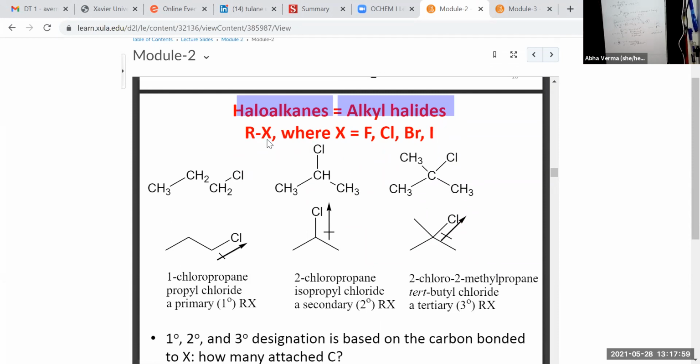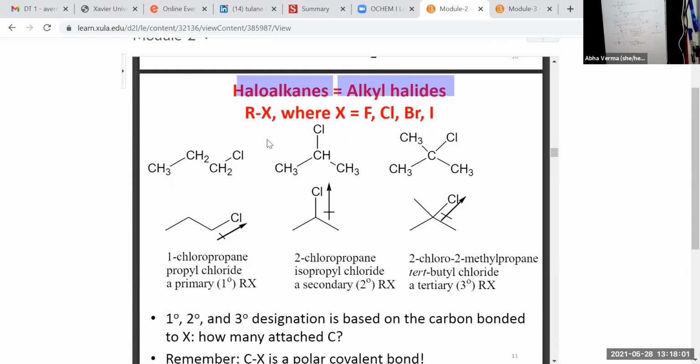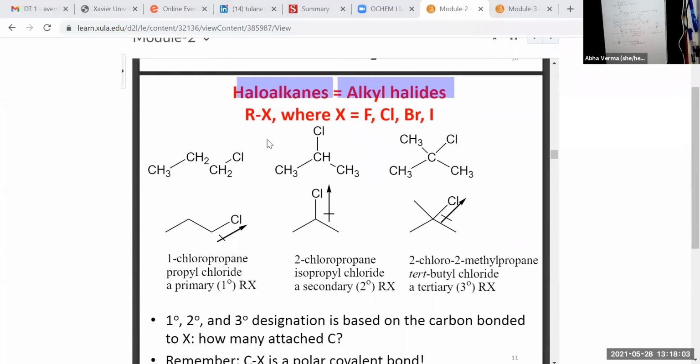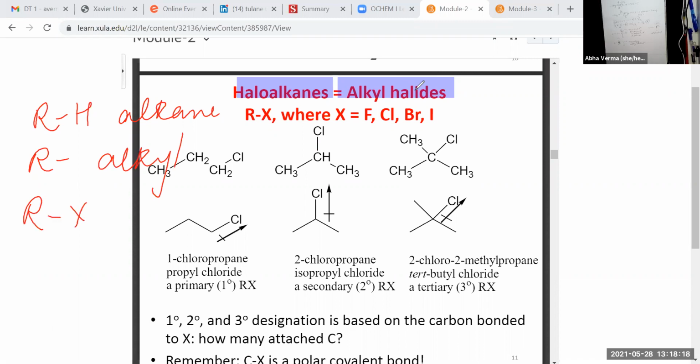So remember what is R? RH is an alkane, the general formula for an alkane. The R by itself is an alkyl. R with a halogen, fluorine, chlorine, bromine, iodine, will be your alkyl halide.